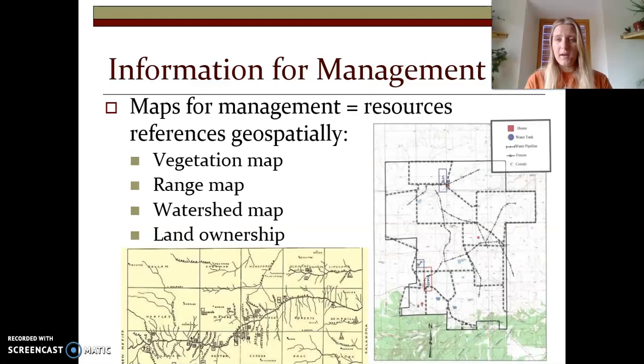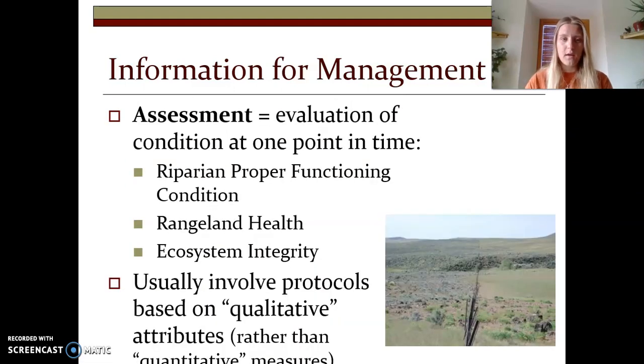Maps are also a management resource, so they're geospatially looking at vegetation, range, watershed. You've probably all seen watershed maps before, and then land ownership as well. If you're into hunting, you may use land ownership maps to see where the BLM, Forest Service, and private properties are.